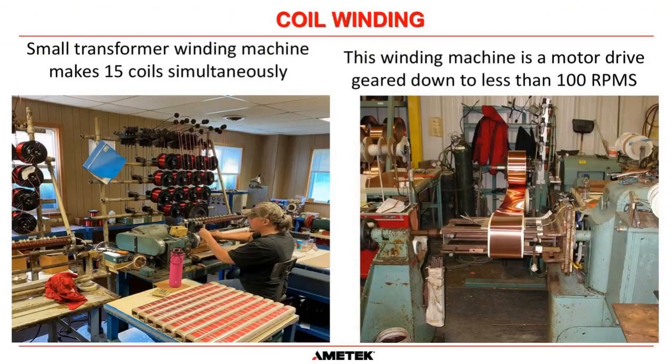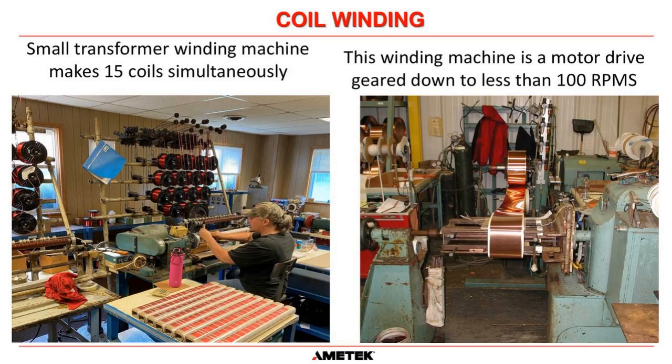Here are a couple of pictures. The one on the left is the transformer shop I worked at almost 40 years ago. I looked the company up, they're still in business, and this is a current picture. I called them up and they sent me this picture.